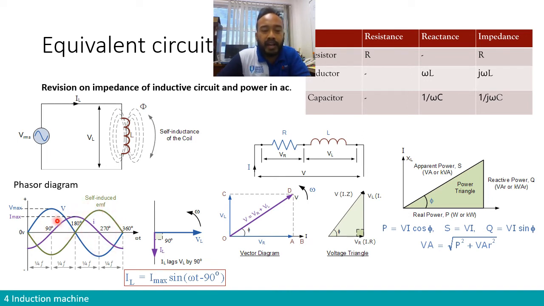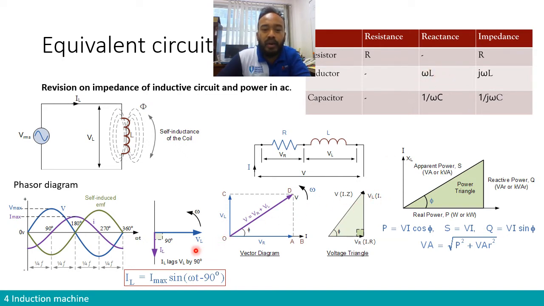And what is the value of the current? The relation between the two is basically the impedance, right? So the amplitude difference is due to the impedance, and it is not just the amplitude. There is also what we call a phase shift. We can see that the peak of the current is not in phase with the peak of the voltage. Why? Because we have a certain reactance, right?